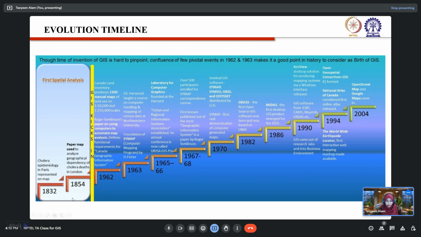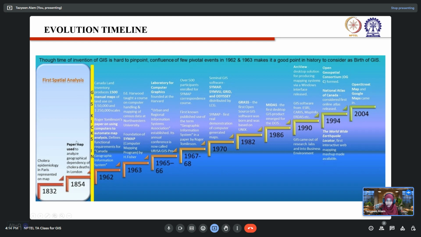Mainly, the work started with the cholera epidemiology in Paris that was represented on the map. I'm sure we all are aware of that epidemic. So the first time anything was mapped like a spatial analysis was done for that epidemic in Paris in 1832.